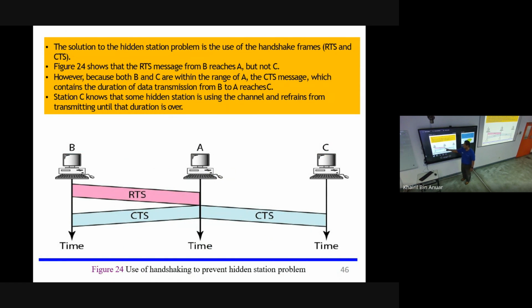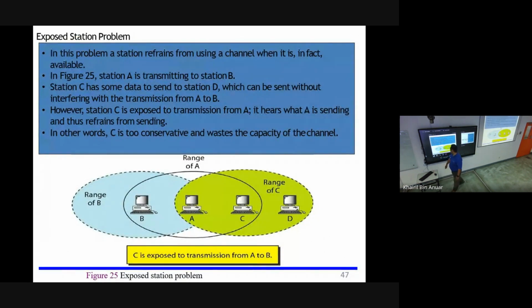This indicates to C, although it is on the hidden side, that it cannot send because another station is trying to send to A. That is how you solve the problem of hidden communication.